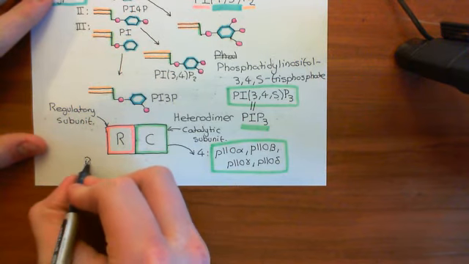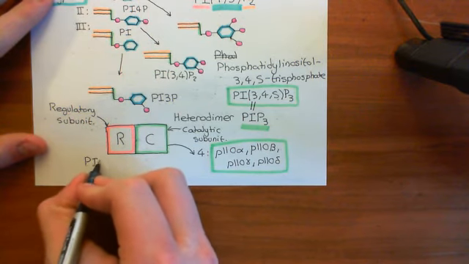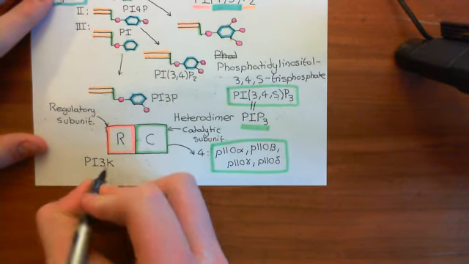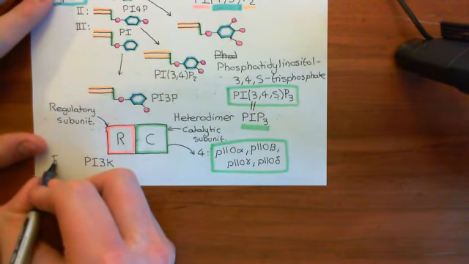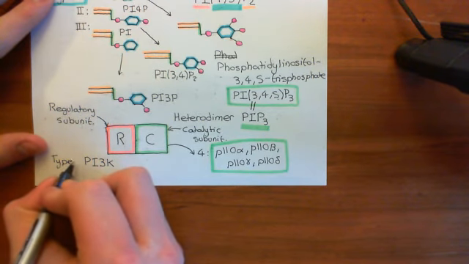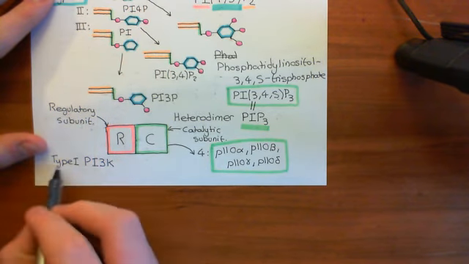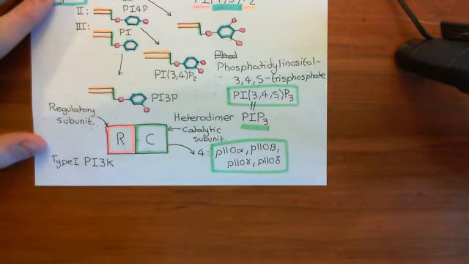People name the PI3 kinase type 1 enzymes like so. If they're being good, they will put a type 1 out in the front here. If they're being bad, they'll just put PI3 kinase, and they'll assume that if they don't clarify, you assume that it is a type 1 PI3 kinase.